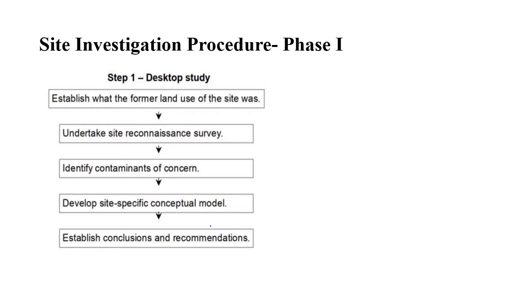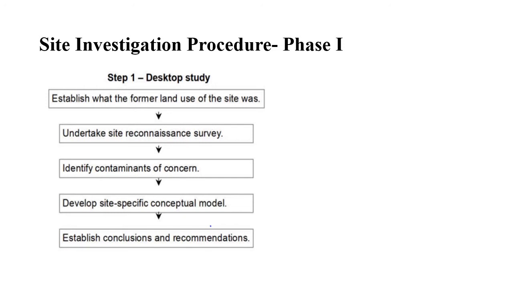Suppose we want to know whether some industrial plants were nearby this area, or some underground tanks or some waste dumps were there, or whether it was a previous waste dump site or a landfill site, or whether any buried waste was existing in the site. So we don't know what the source was. So to identify the source, we need to understand what the previous land use was. Okay, to what purpose this land was put to.